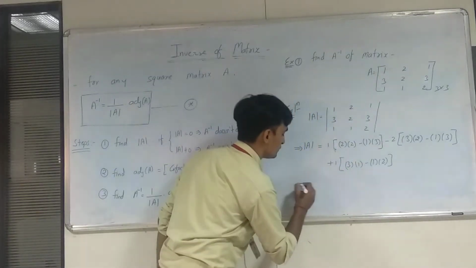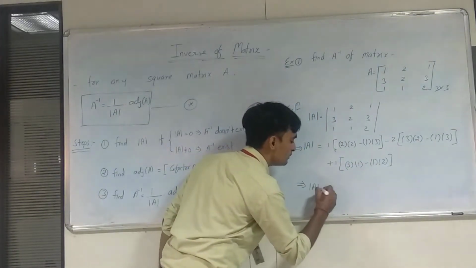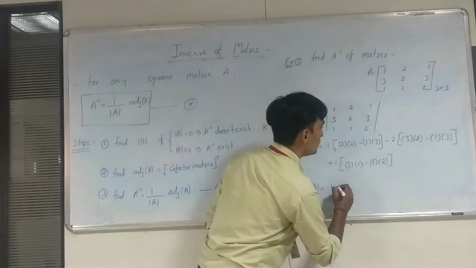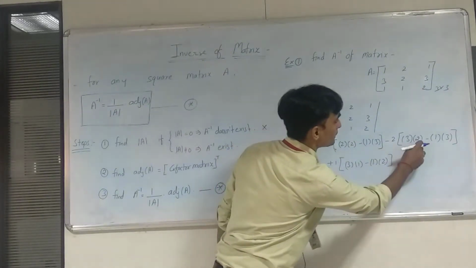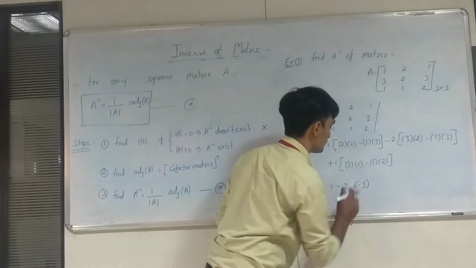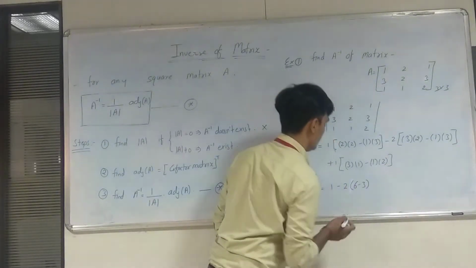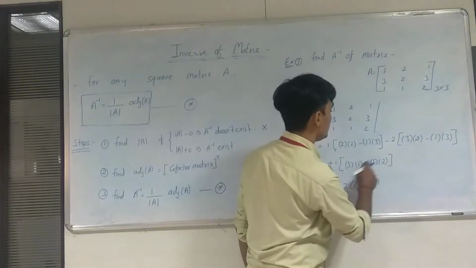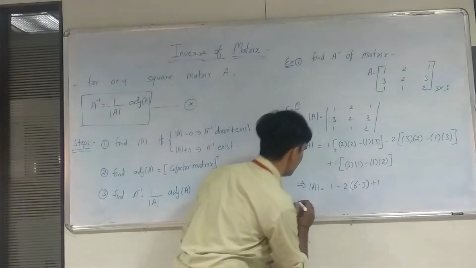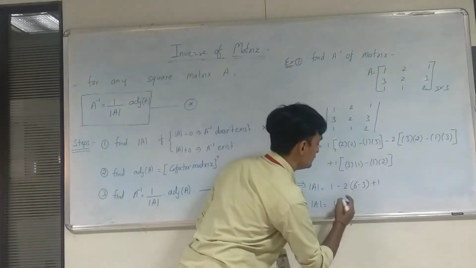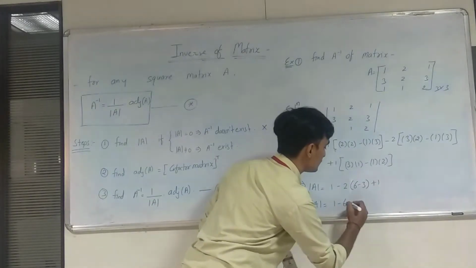Simplified, this becomes 4 minus 3, so it is 1, minus 2 into (6 minus 3), which is minus 3 plus 1 into (3 minus 2), which is 1. This is 1 minus 6.